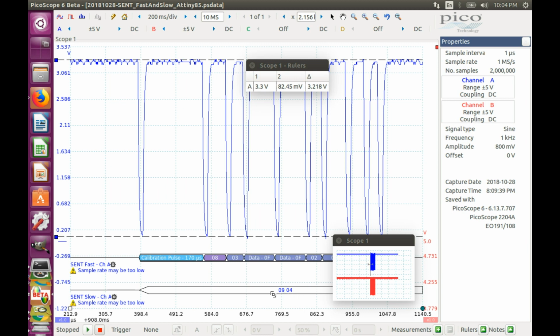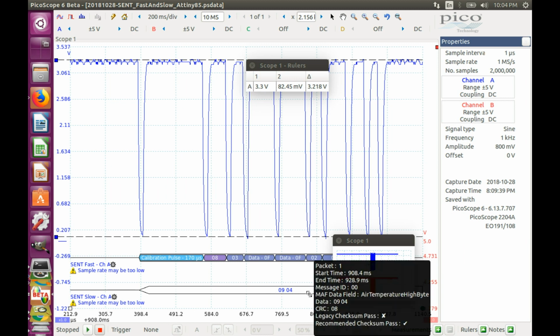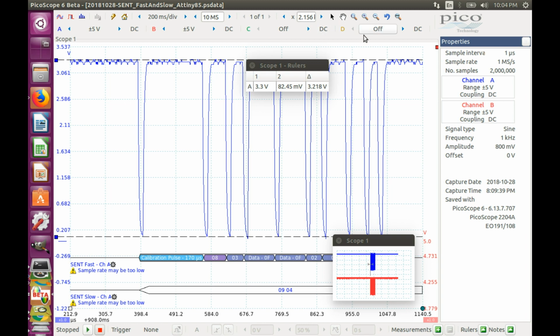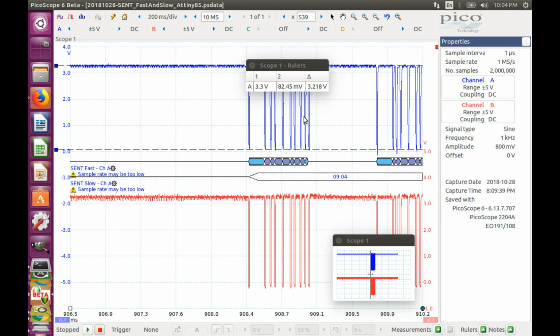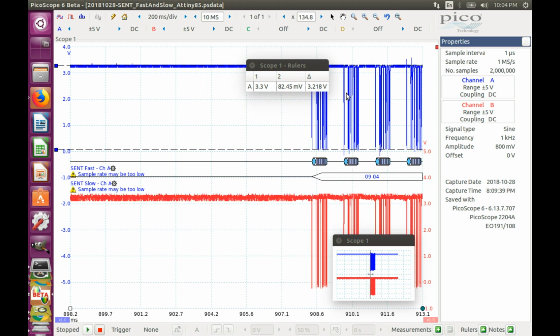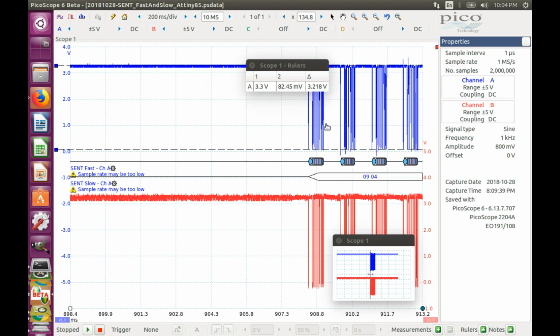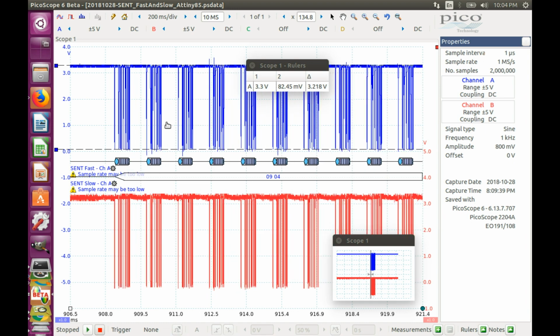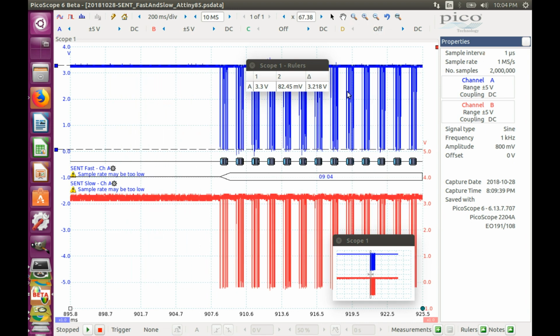Here we will see some other data appearing, and it takes 16 packets to give us one message. So we'll have to zoom out somewhat to look at the whole packet.